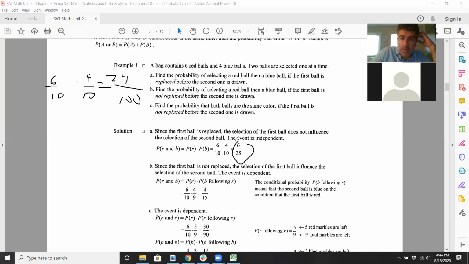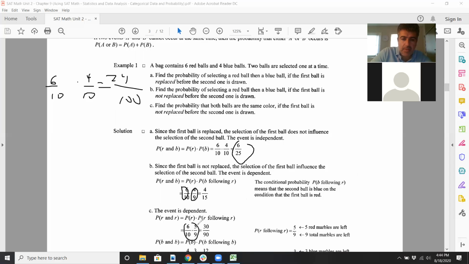Now, what's the probability of getting a red and then a blue if the first ball is not replaced? Getting red is 6/10. And you still have 4 blue balls, but now you're only picking out of 9 balls, right? Because you didn't replace, so you have to make that adjustment. Now, what if both balls are the same color and the first ball is not replaced for the second one? Let's say we get 2 reds in a row.